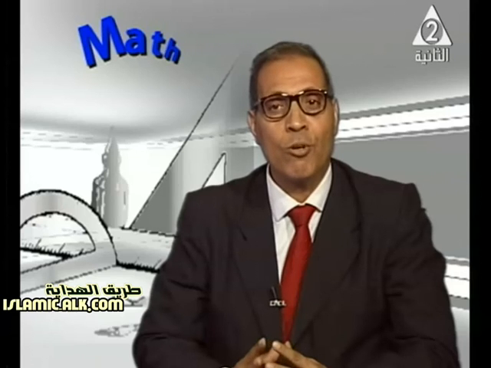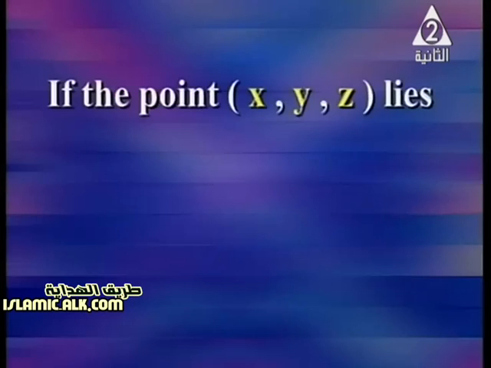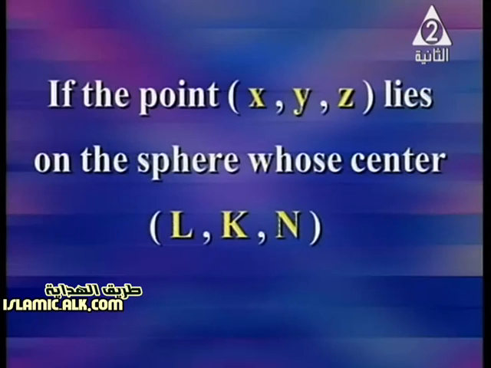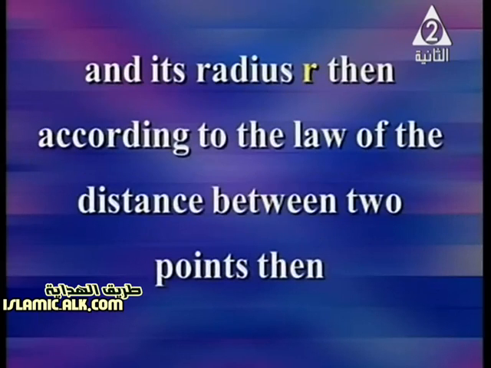Dear student, look at the equation of the sphere in 3 dimensions. The point (x, y, z) lies on the sphere whose center is (l, k, n) and its radius is r.